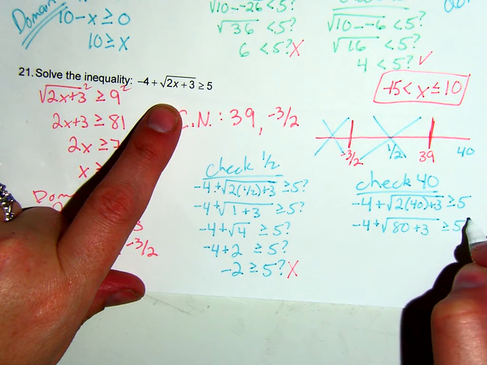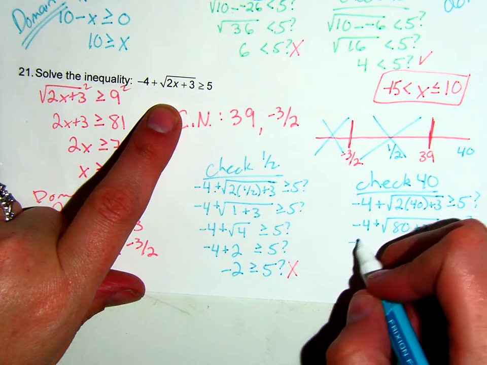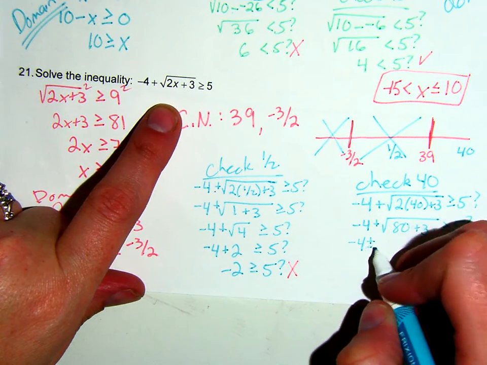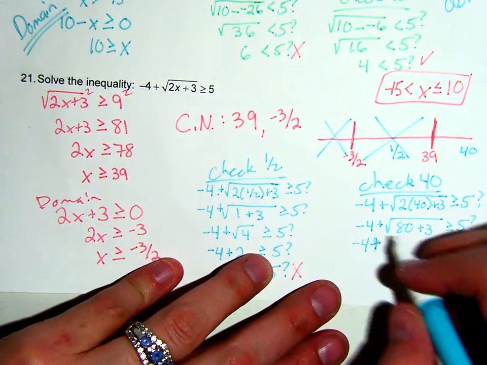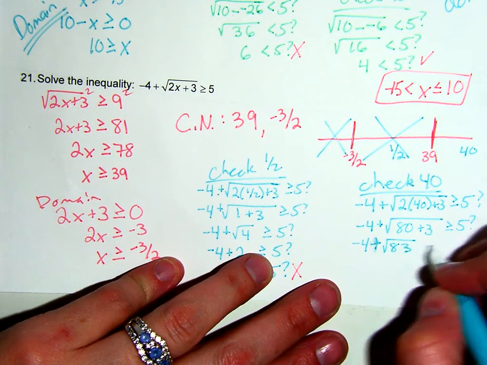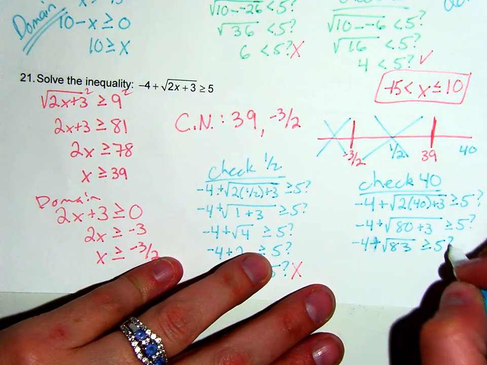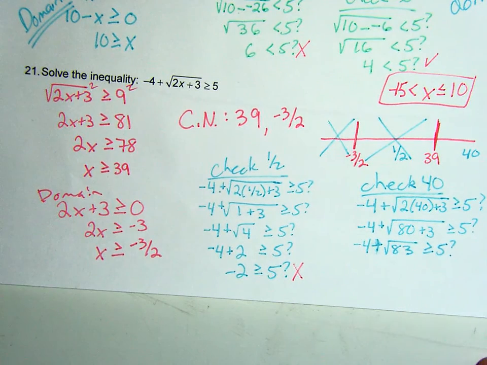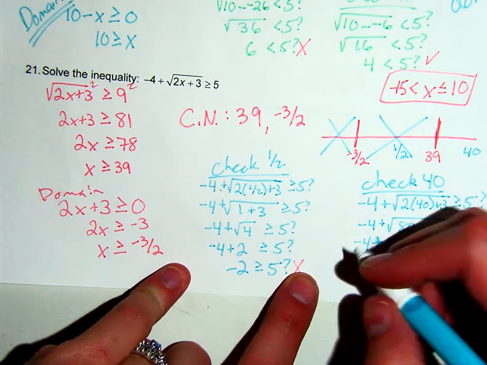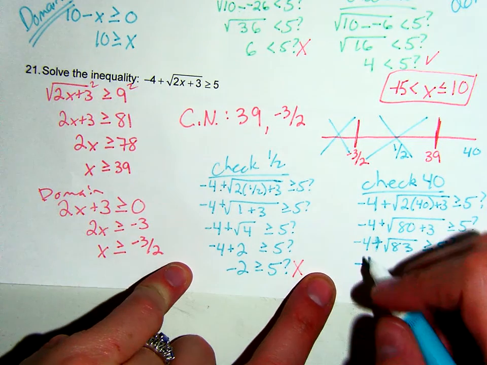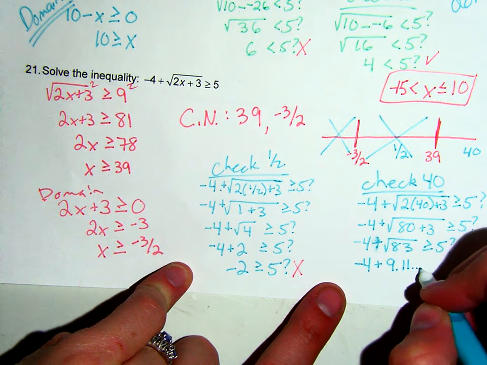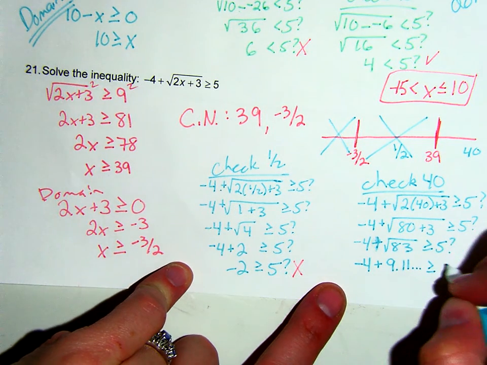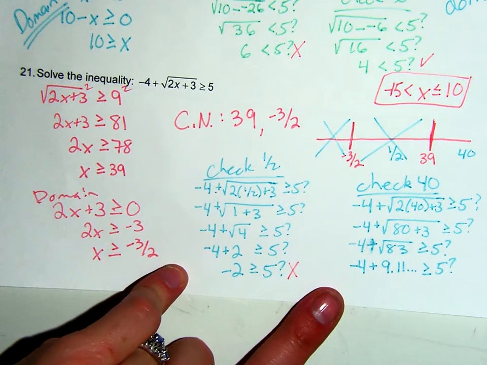Negative 4, oops, not plus or minus, sorry about that. Negative 4 plus the square root of 83, is that greater than or equal to 5? Now, I don't expect you to know the square root of 83. You would go ahead and plug that into a calculator, and you get negative 4 plus 9.11 and a whole bunch of other stuff. Is that greater than or equal to 5?